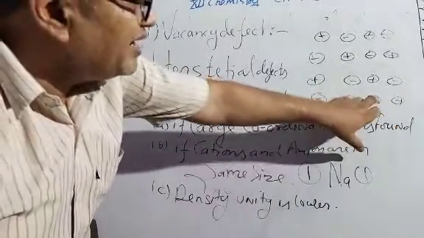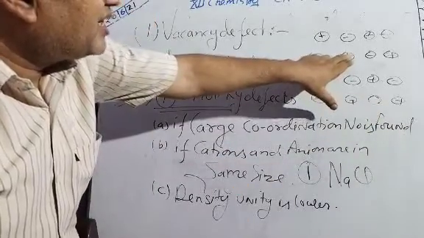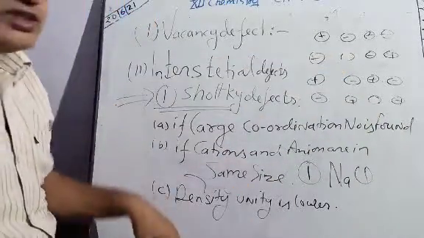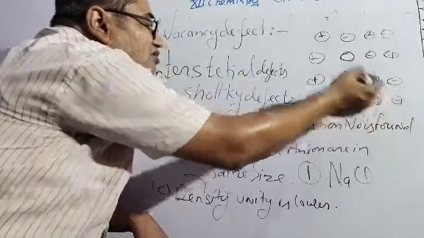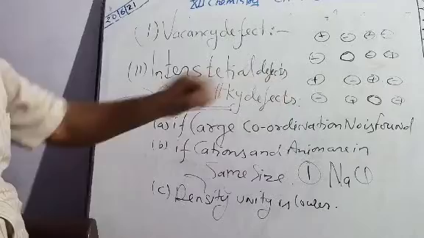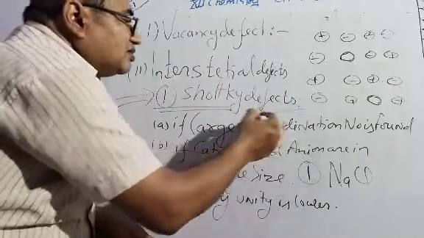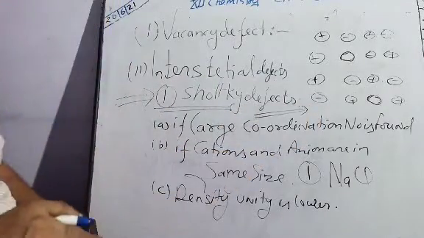If one anion and one cation are missing from their positions, then that kind of defect is a Schottky defect. This is a good example of the Schottky defect.